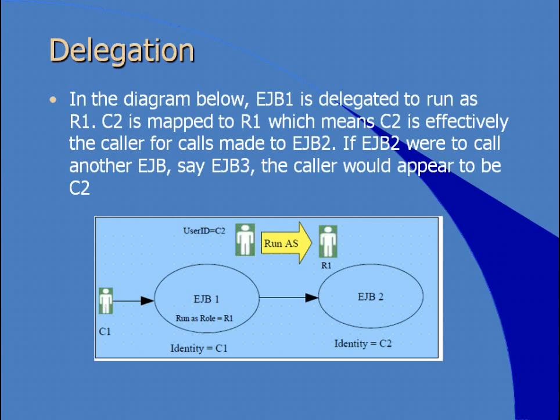The identity is now C2 because C2 was mapped to run as R1, and EJB1 in the chain, being 1, 2, 3, let's assume, has a run as role for R1. And if C2 is a member of R1 and C2 has that mapping to run as R1, even though the identity is C2, we're good to go.